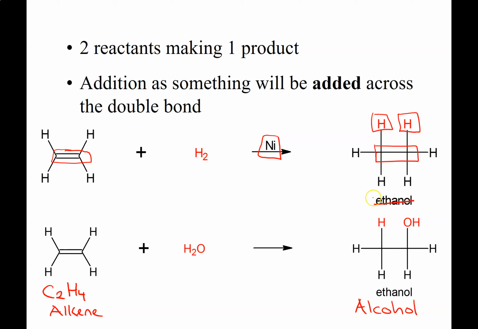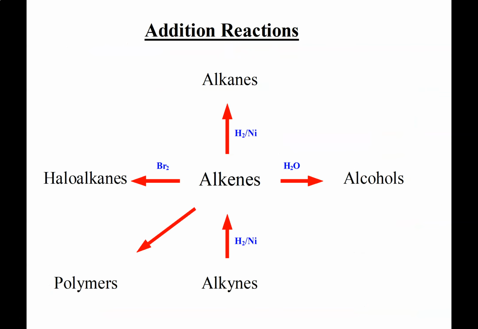So for addition reactions, if we start with an alkene and you add water to it, in the last slide we came out with an alcohol. If you have an alkene, like we had in the last one, and add hydrogen to it in the presence of a nickel catalyst, then you come out with an alkane.